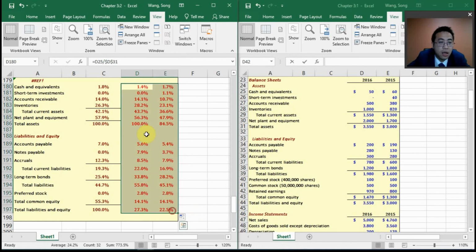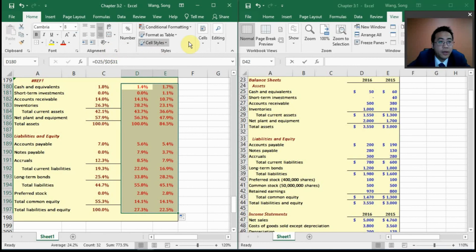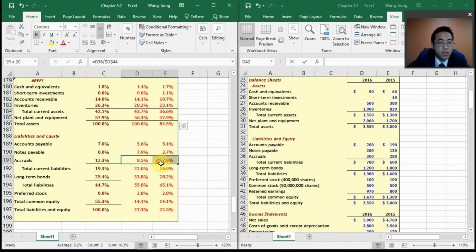And then again, I will edit the format a little bit, just to put the border in the right place. Just bear with me. You're going to do the same thing in your assignment, so I don't really feel bad. It's not really a waste of time.